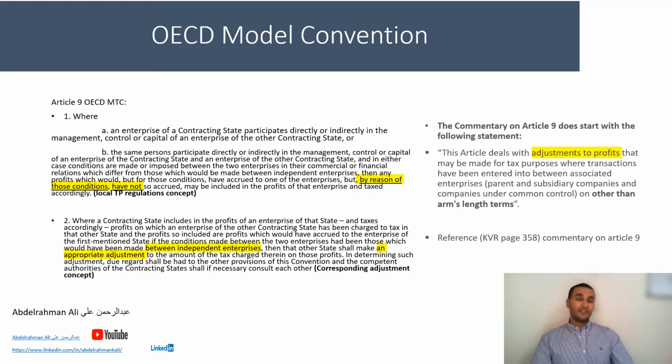What is this? Let's assume that in country A you had an adjustment of the profits. Your profits, let's say, were adjusted to be increased by $100. And you're still dealing with the other contracting state, let's say country B. In country B, your profits were taxed the other way around.